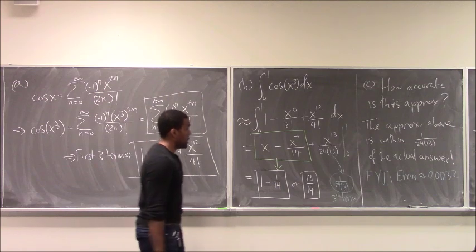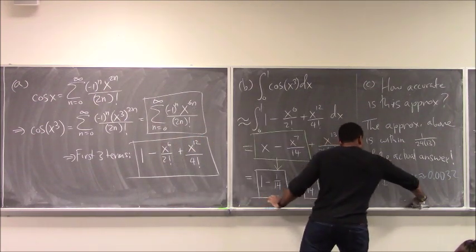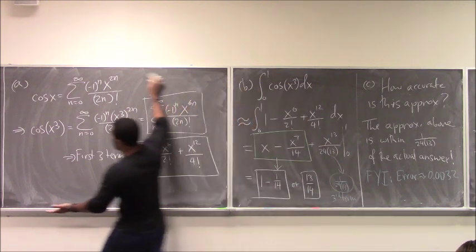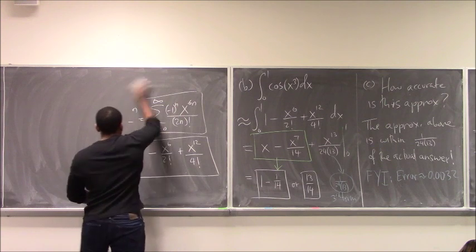But yeah, this is how you would actually approximate by the next term, which should tell you, how do you know? That was another part of the question. How do you know that that was what you were supposed to do?